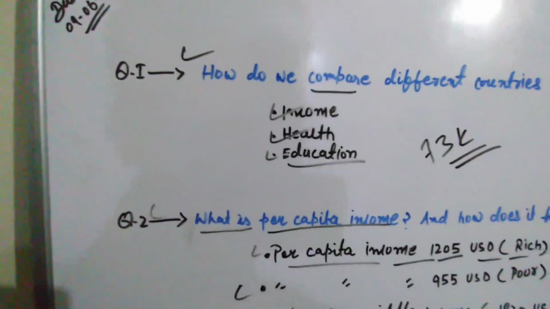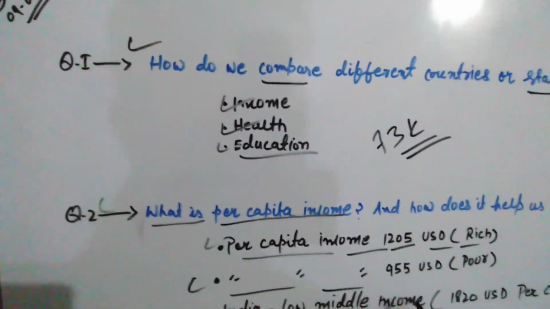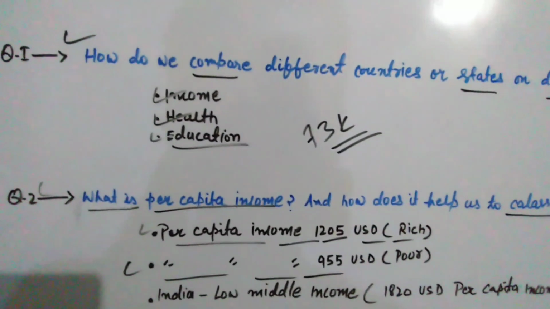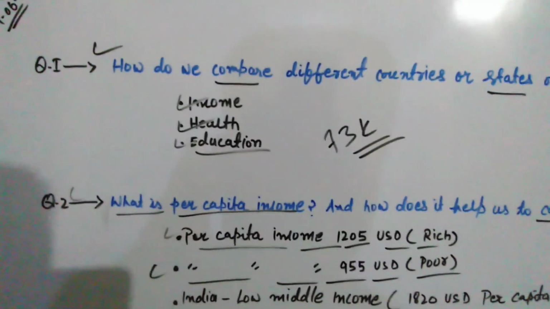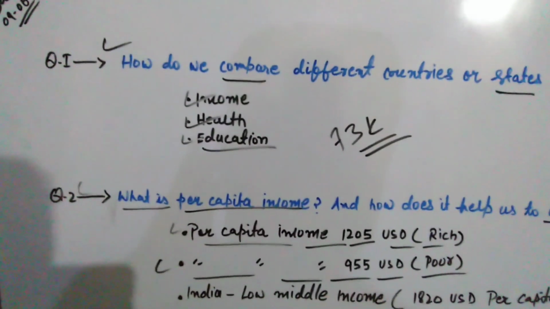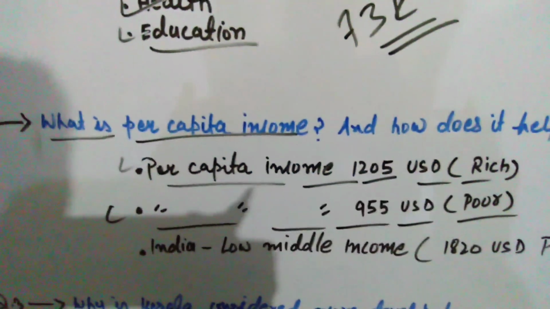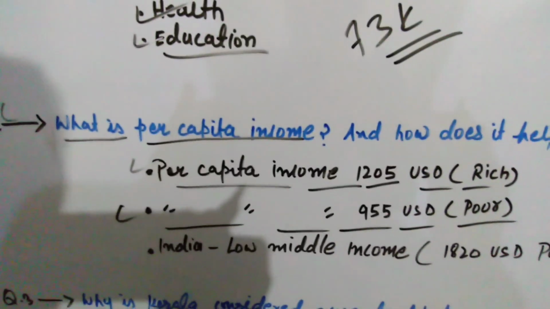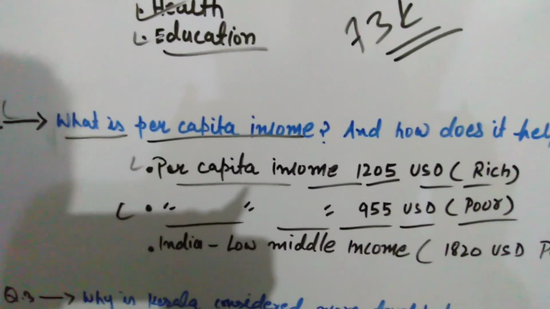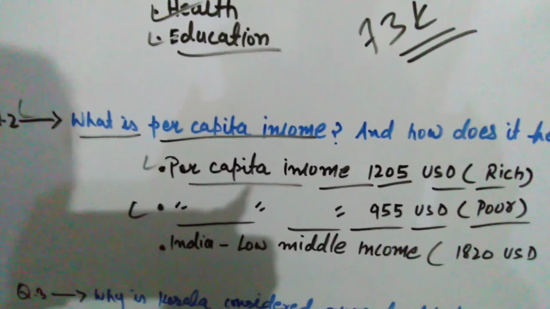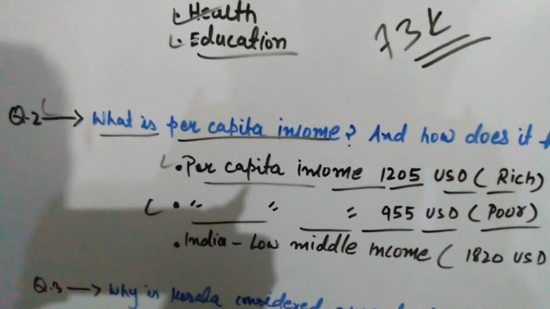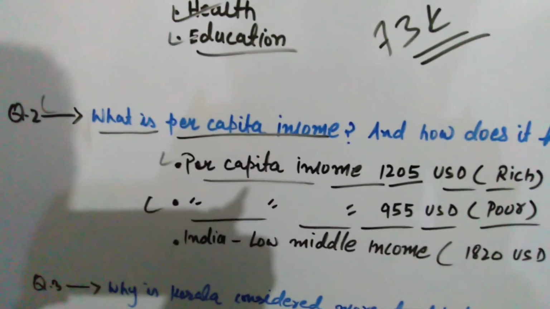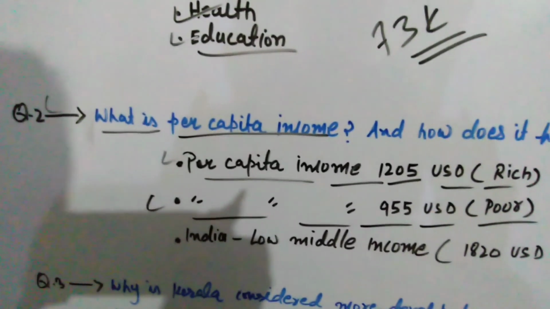Okay, next one is per capita income 955 USD, poor. So on other hand, if people living in a particular country earn 955 United States dollar in 1 year, that is equal to 69,683 rupees, that country will be considered a poor country.